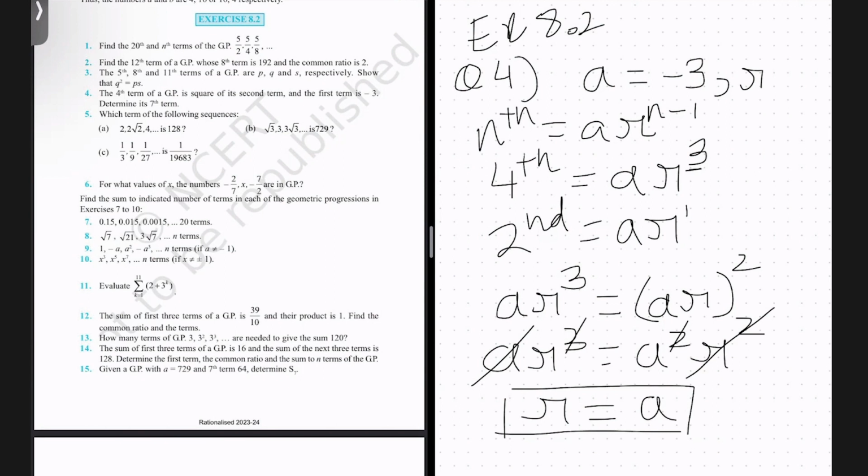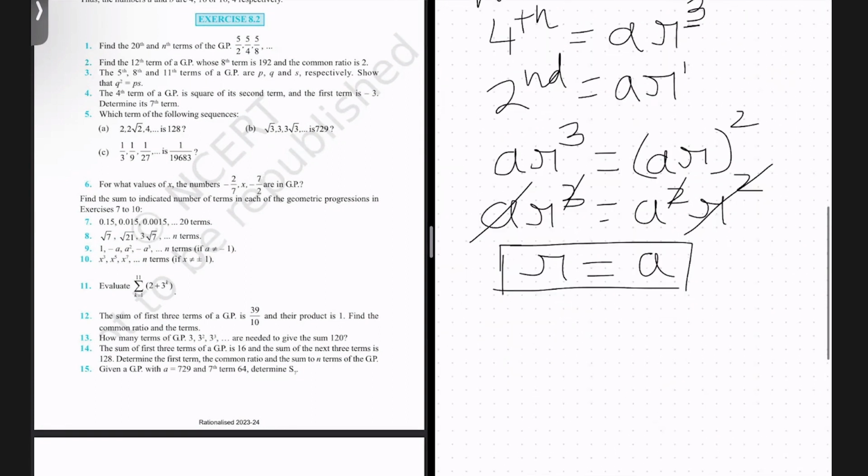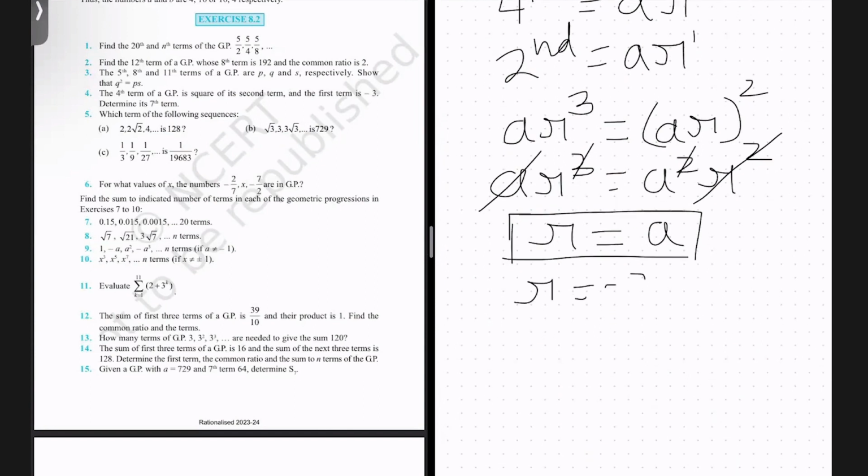What we have done is we have divided both the sides by A, so A gets cancelled from the LHS, and we have divided both the sides by r squared, so r square gets cancelled from the RHS. So the final result that we arrive at is r equal to A, and A has already been specified to us as -3, correct? So we have the common ratio of this particular GP also as -3. So r is equal to -3.